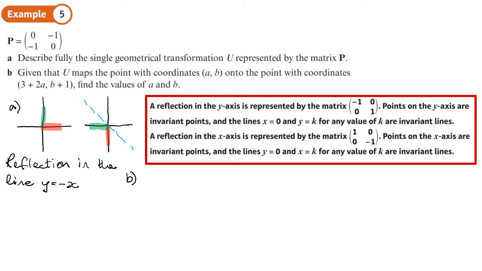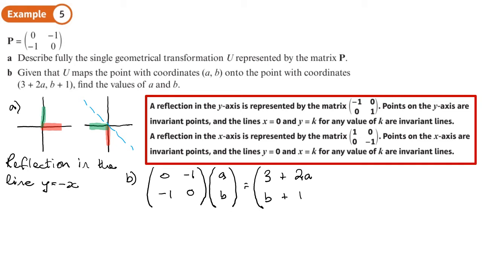So what it means is this transformation matrix 0, -1, -1, 0 transforms these points (A, B), and they end up at these points here, (3 + 2A, B + 1).